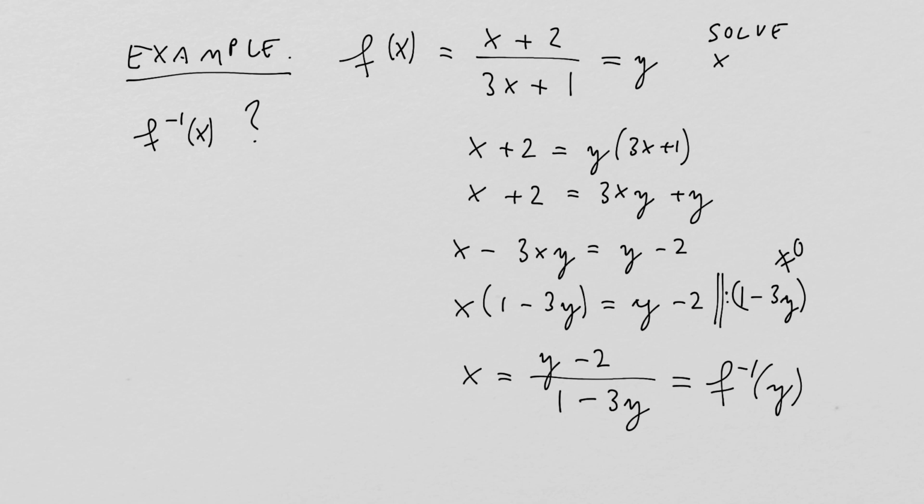Now here the variable is y, so we have y everywhere. If we want to write the inverse function by using the variable x, we can change the variable. x minus 2 divided by 1 minus 3x.